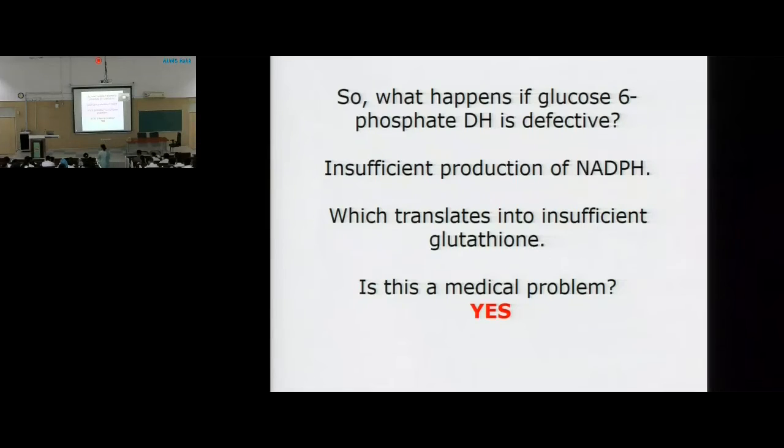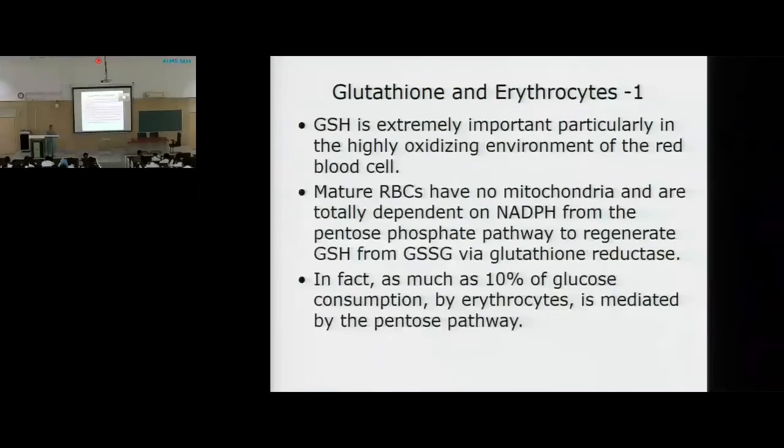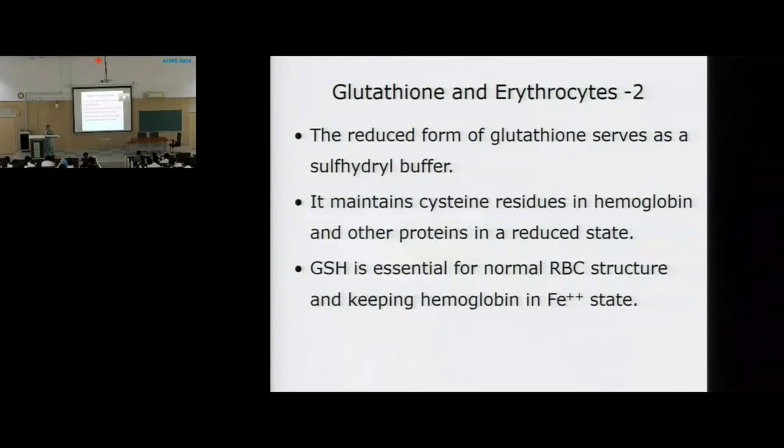So if NADPH is less, there will be a problem. And the problem will be hemolysis. 10% goes to the pentose phosphate pathway, and also it keeps hemoglobin in the ferrous state.